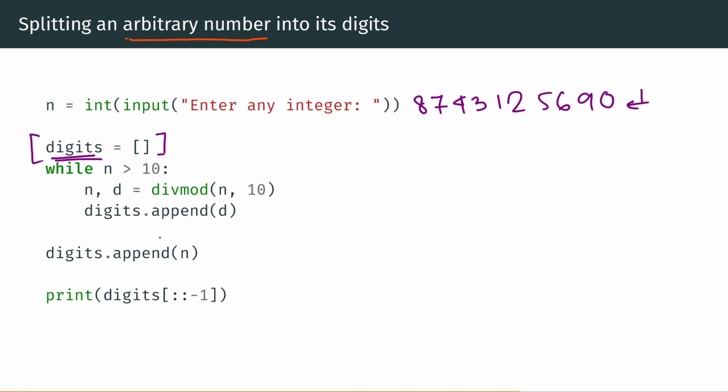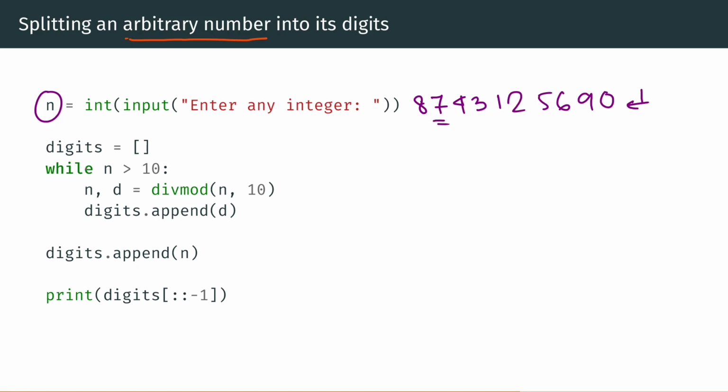So I say for n greater than 10, n, d equals divmod(n, 10), which is to say get the number, divide it by 10, and give me the quotient and the remainder, and store the quotient into the number itself. So we have this number n, which is this number right here.